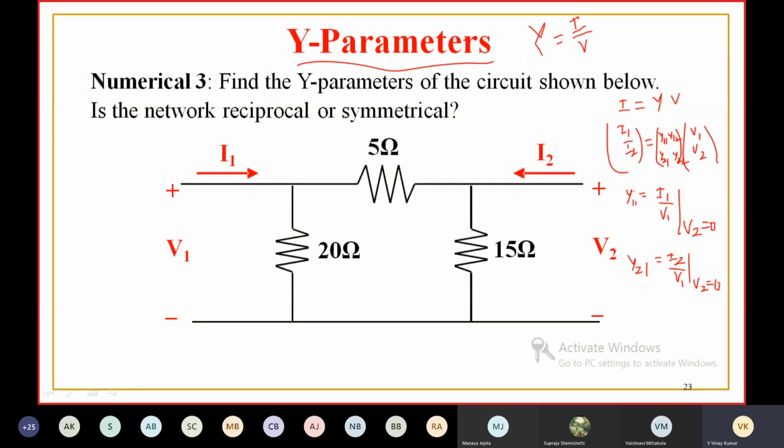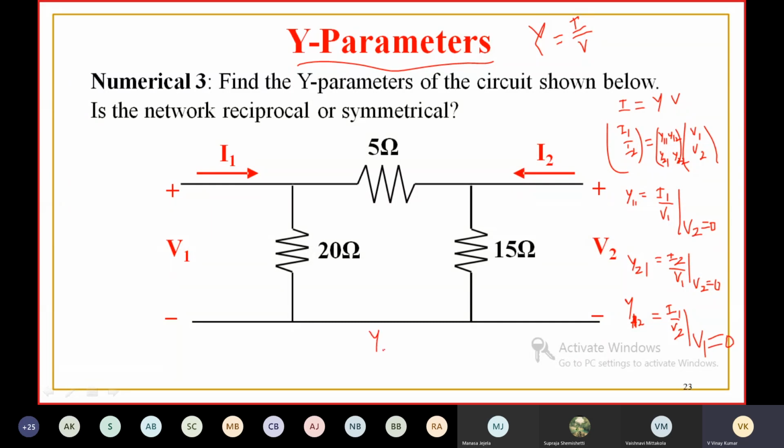So Y11 is the ratio of current to voltage. Similarly, Y12 is equal to I1 by V2 when V1 is equal to 0.